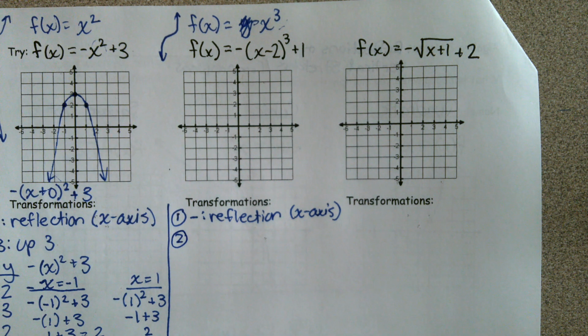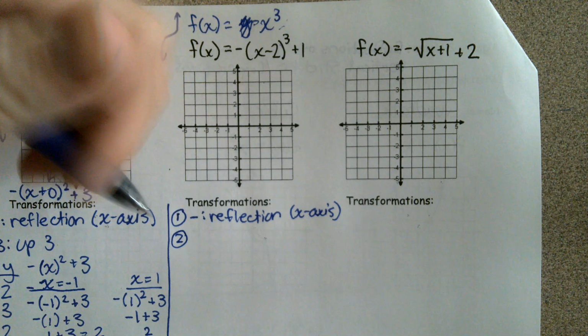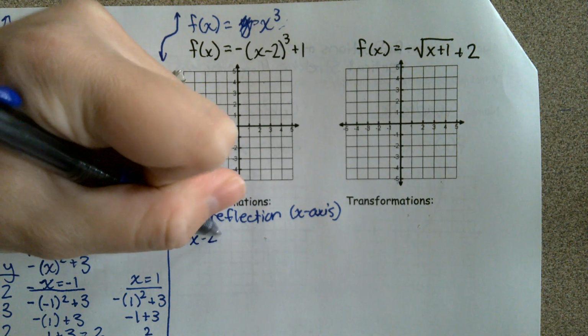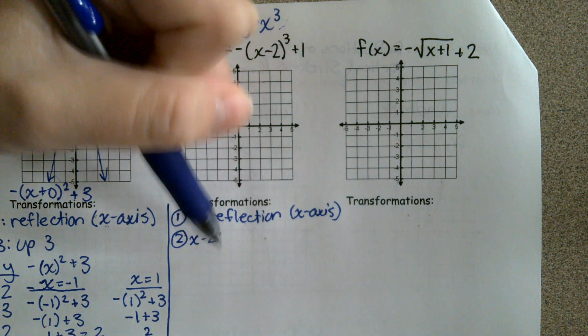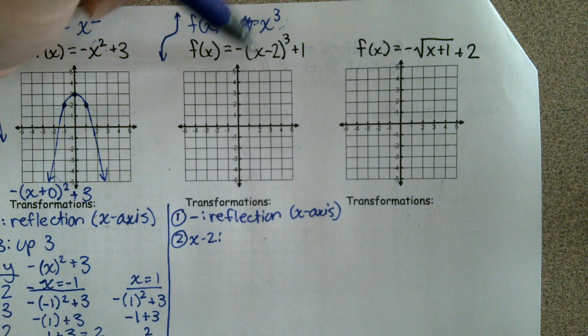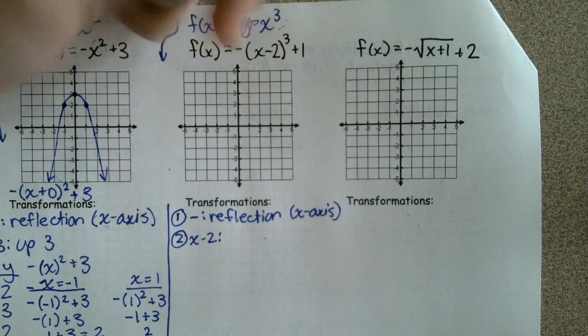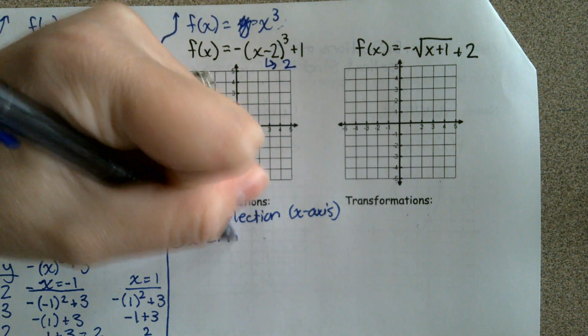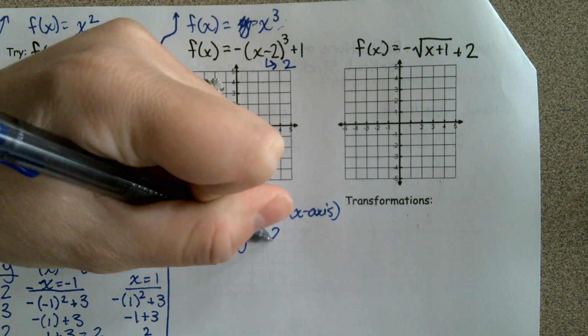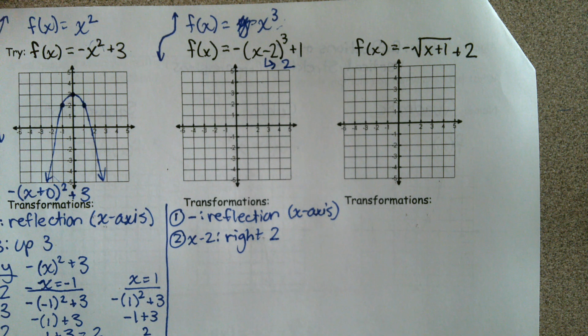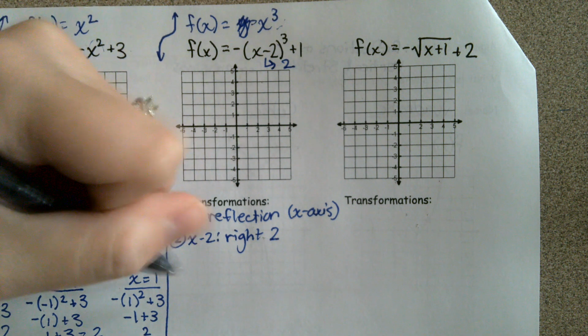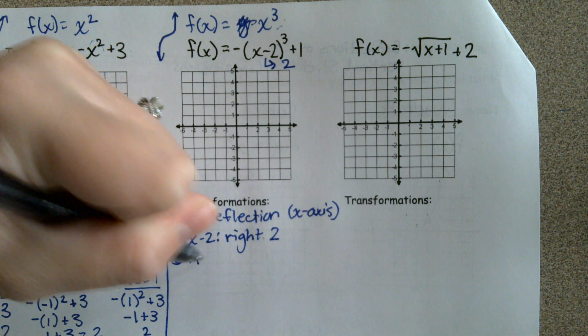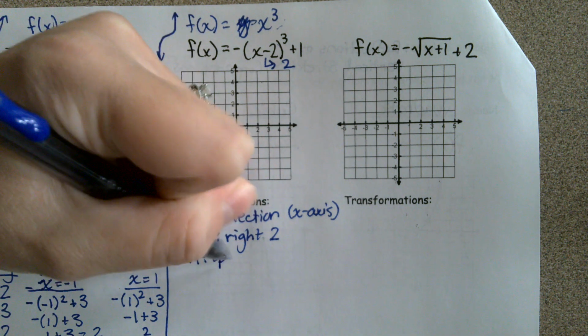Second, we have the x minus 2. That means we're going to look at this as actually a positive 2, meaning we're going to move right 2. And then lastly, you've got the plus 1 on the outside, and that means up 1.